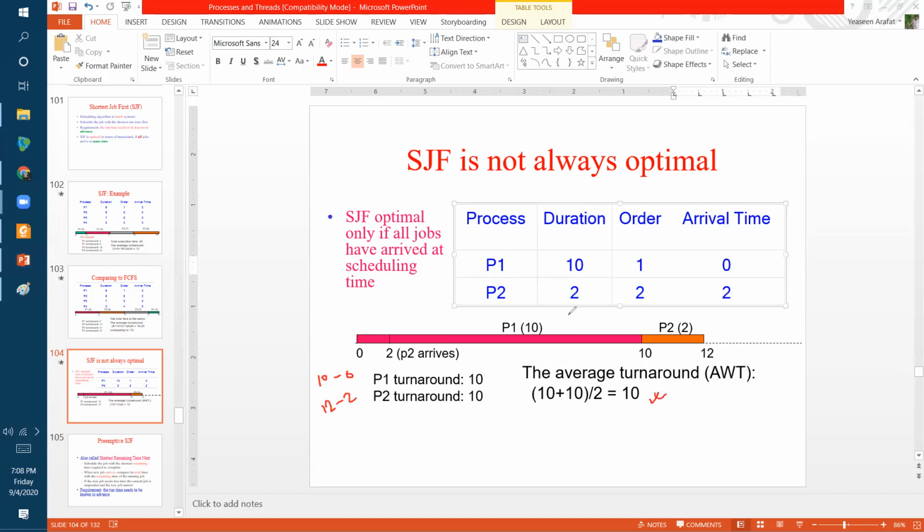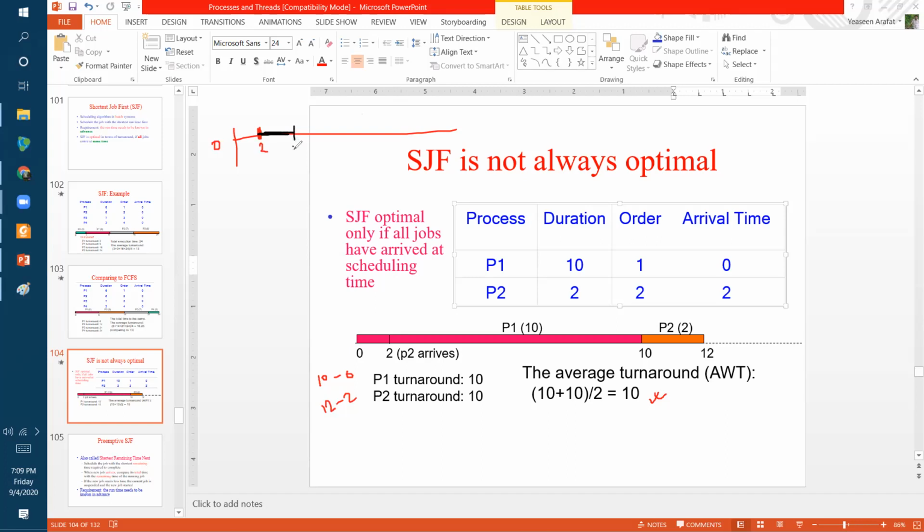But it's not looking good, because P1 starts its journey, then when P2 enters or requests, the scheduler should give it a chance because it needs only 2 seconds.